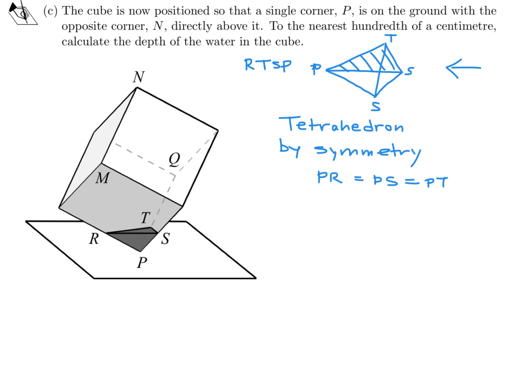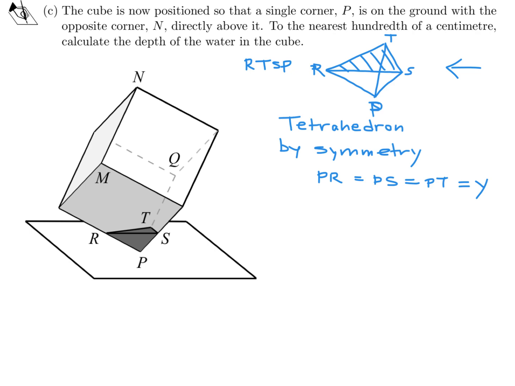If you were to draw lines from P to R, from P to S, and from P to T, they will all be similar. And I know in the diagram it doesn't look like that, but this should be R and this should be P, by the way. And that is going to be the same. Now, we don't know what it is, so I'm just going to let it equal Y for now, and then we will try to solve for it.